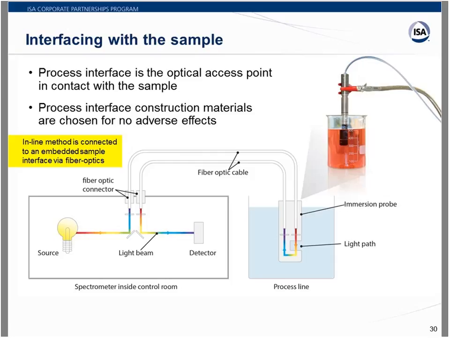And these can be as short as you want, or 50, 100 meters away, depending on your wavelength range. So it means that you can take your instrument, put it away from your process, and still measure your process in line.